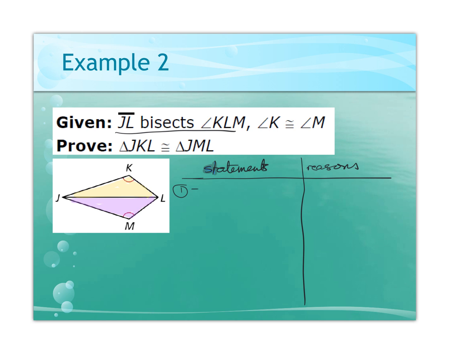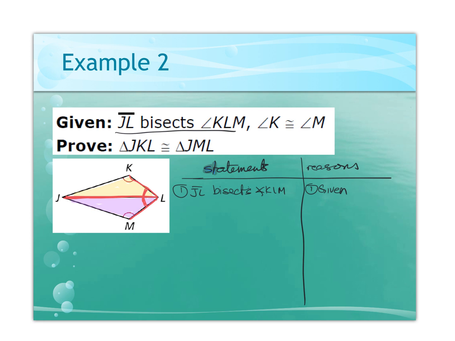So the first given is that segment JL bisects angle KLM. And I know that that's given. So for me, I'm going to look for that segment. And I see that that segment is right here, JL. And when they tell me that it bisects angle KLM, KLM is this large angle there.